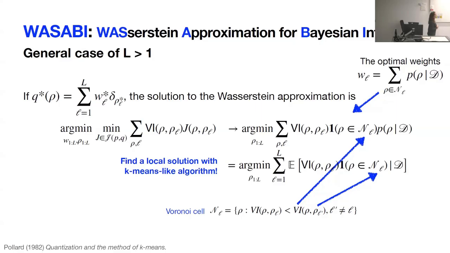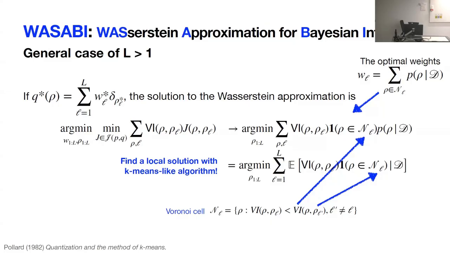Okay, so what happens when L is bigger than 1? I'm not going to go into the details, but it's not too difficult to show that if the particles are fixed and I minimize over the coupling and the weights jointly, the optimal thing to do is for each partition, give all of its posterior mass to the particle that it's closest to.